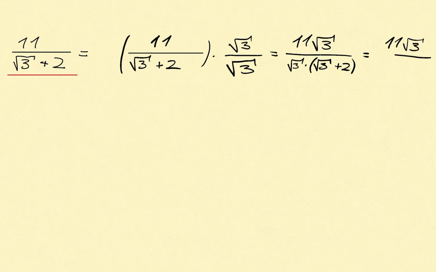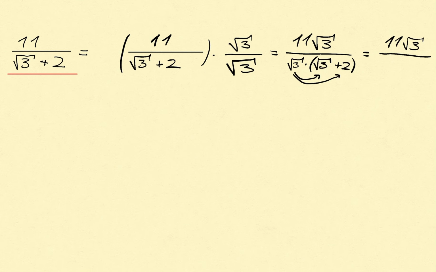Square root of 3, that's fine, but then we've got square root of 3 times square root of 3, which is simply 3, so we eliminated one of these roots, but then we'll get 2 times square root of 3. So plus 2 square root of 3. And we still have the same problem. We still haven't removed that square root from the bottom of the fraction. So let's say this is wrong. Let's indicate this. Wrong method. And then the right method would be to do what we're going to do now.